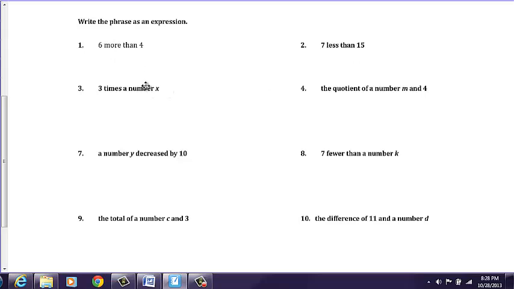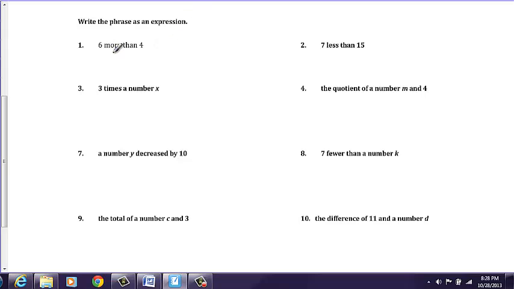The difference between them and the other problems given here is that every other problem has a variable in it. So the ones with the variables in them are called algebraic expressions, and the ones with just numbers are called numerical expressions. Let's go ahead and solve some of these.